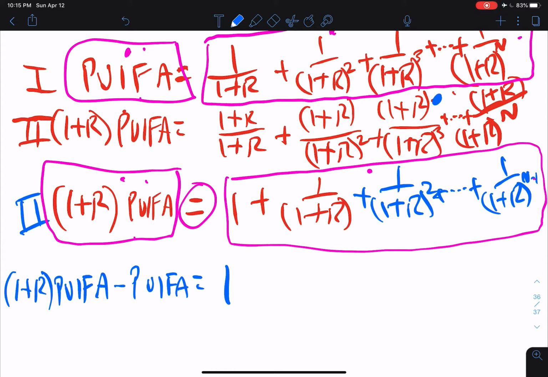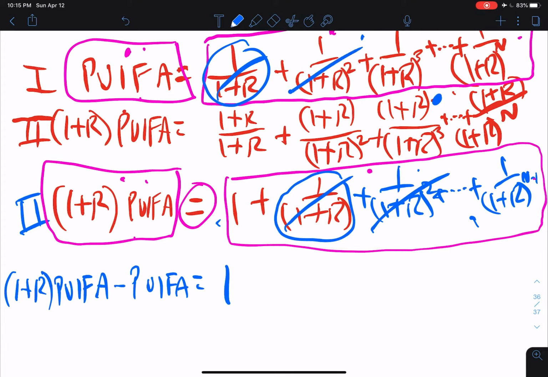And then down here I have this term, and up here I have the same term. And remember, it's this minus this, so they cancel out. And then I look at my next term. This is 1 over 1 plus r squared, but that's up here also, so they cancel out. And I think you'd agree that the next term would cancel with whatever's next.